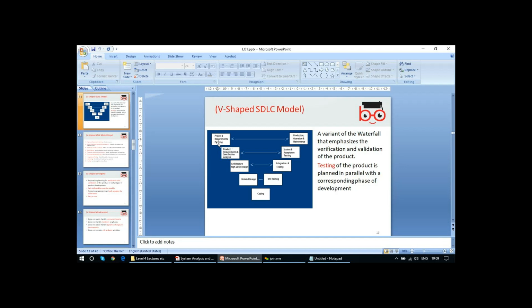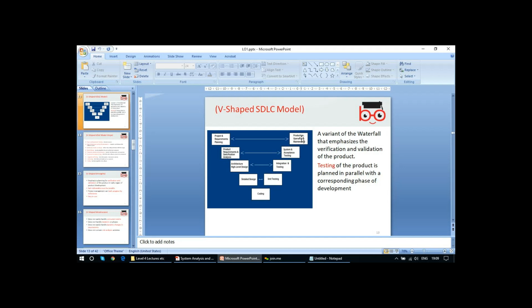So what happens? Requirement, specification, design, coding, testing. At every stage, you verify and validate whether you are doing it right or not. Is that clear? Yeah, I see, because the arrows are going across, aren't they? Yes, but the arrows continue until coding, unit testing, integration testing, and system acceptance testing.